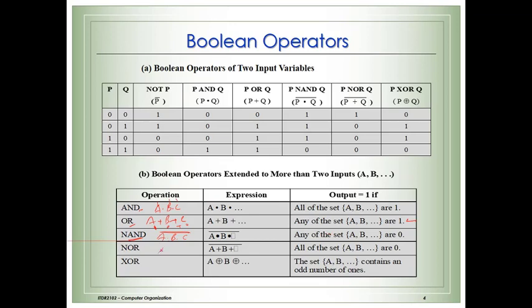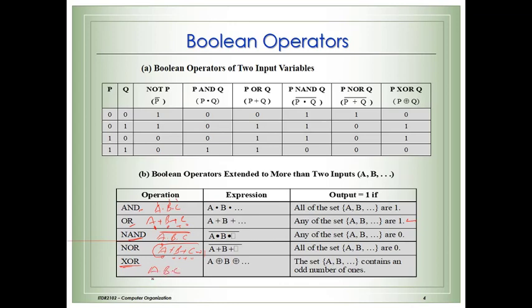Similarly, NOR: all the set are 0. Whenever all the set are 0, then only you will get the result 0 from OR. Then whenever you perform its NOT or inverter, it will convert it to 1. And in exclusive OR, you should have an odd number of ones.